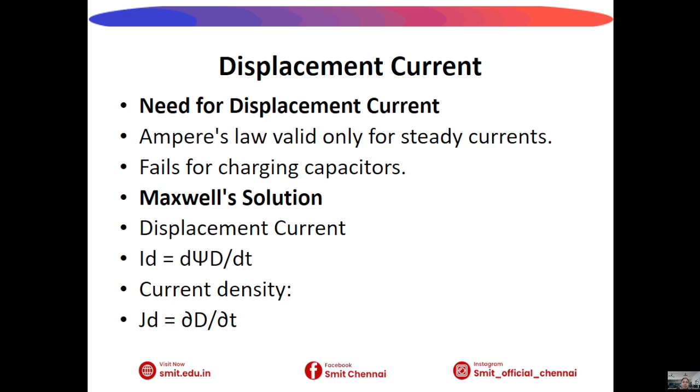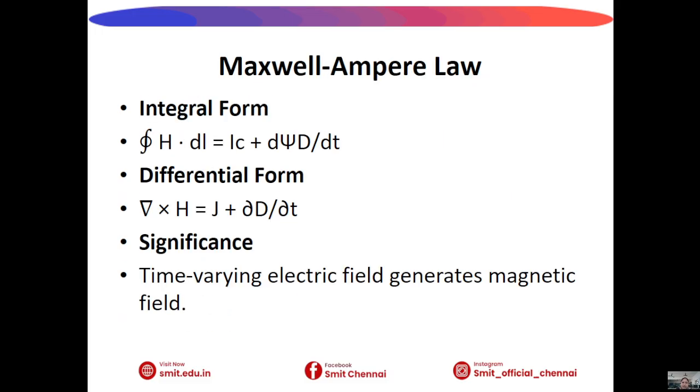This creates a contradiction because current continuity appears to be violated. To resolve this problem, Maxwell introduced the concept of displacement current. Displacement current is not due to the movement of charges, but it is associated with the time-varying electric field. This concept completed Ampere's law and made it valid for both static and time-varying fields.